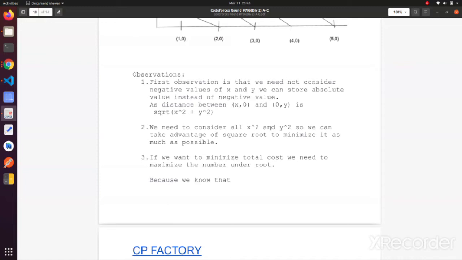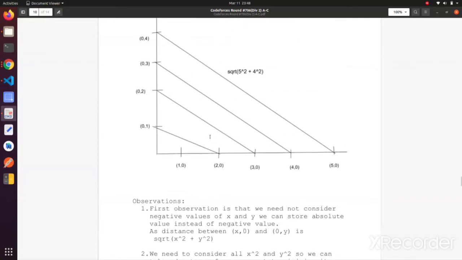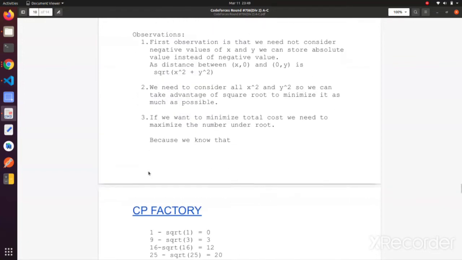That will be highly minimized. But if we take (0,4) and (1,0), then we get root 17, which is a bit more than 4, and that is a very minimal optimization.